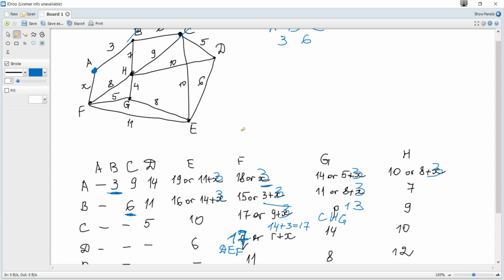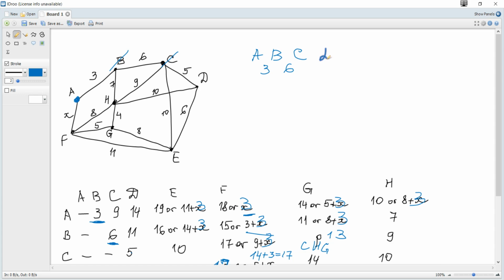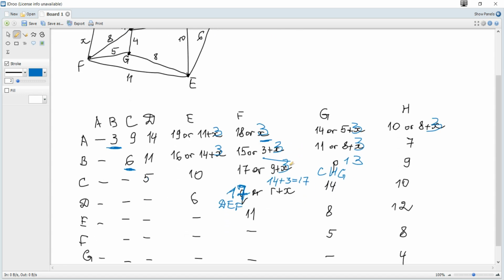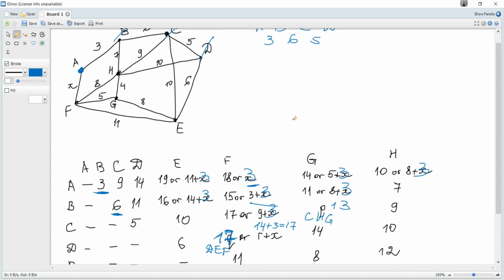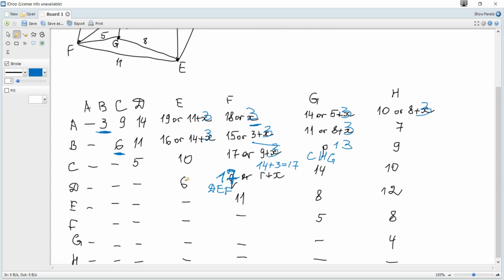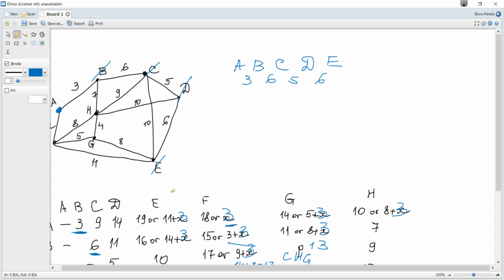Then from C it's 5 to D. From D you can see 5, but it's for C, but C already exists. So from D to E it's 6. D, E, 6.